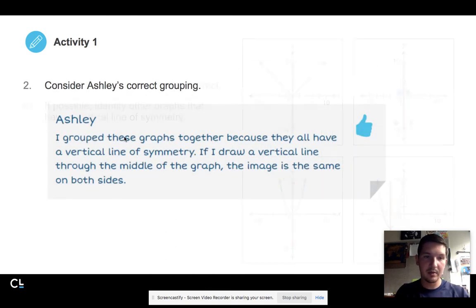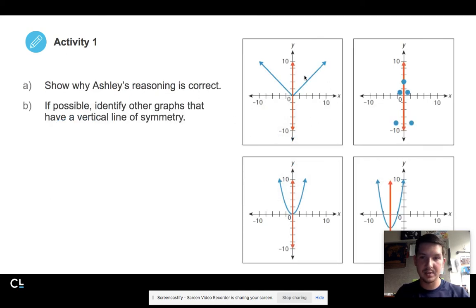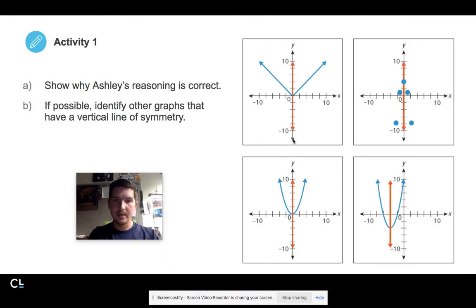Now, if you keep looking, right, Ashley has put some together as well. And we're like, okay, why did she put these together? Well, these all have vertical lines of symmetry, which means the left side is going to match up exactly the same as the right side. What Ashley is showing here is that she's able to draw a line, that bold orange line here, between each piece of her graph, and it's going to match exactly the same on the left as on the right.